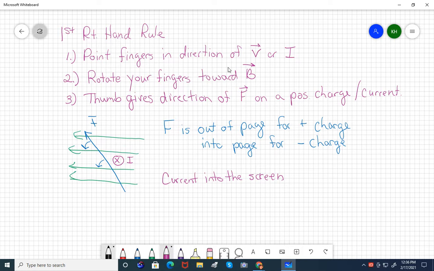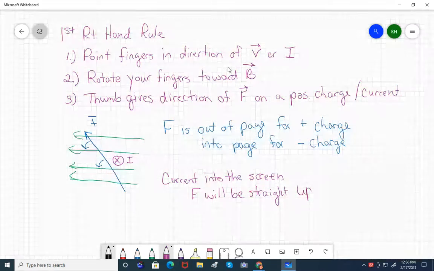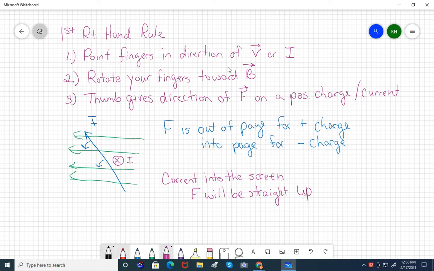They still have to be able to rotate towards the left. In this case, the force will be straight up on a positive charge. So our force vector, if I want to make it red, would be going straight up. Fingers into the board, rotate towards B. Make sure you realize those green lines are B. And our force will be straight up.